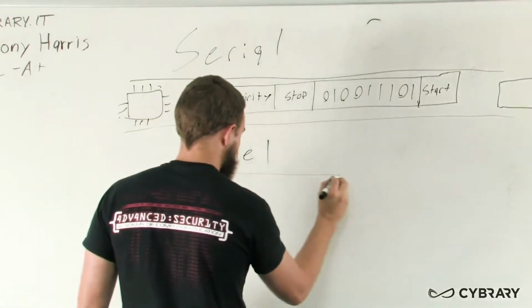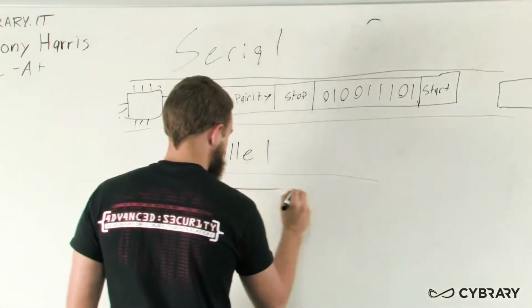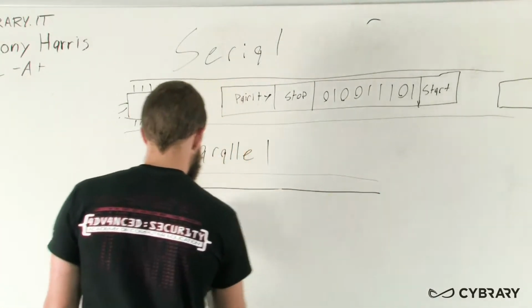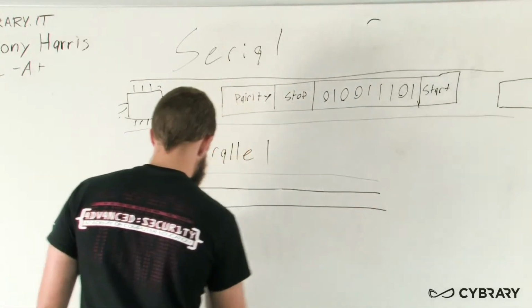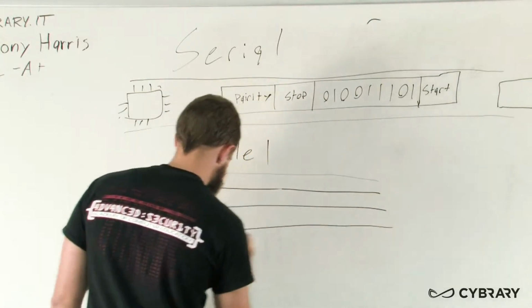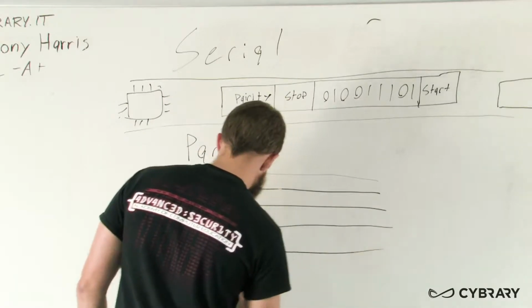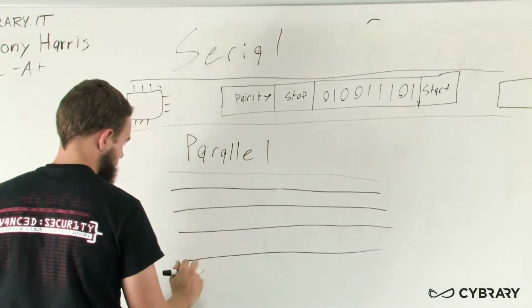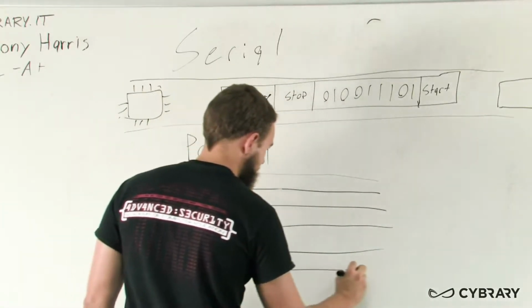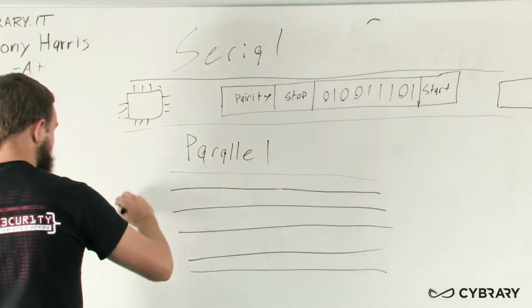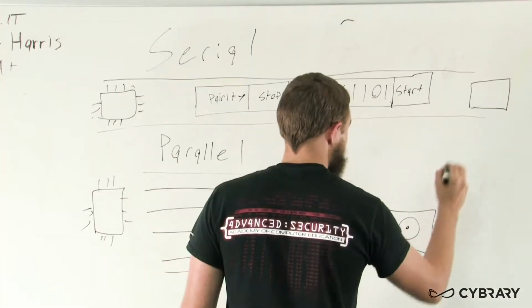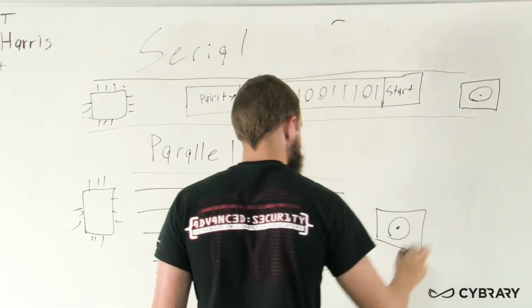When we're talking about parallel transmissions, this actually sends our bits 8 at a time, at least, and they go simultaneously across the connectors. We can think of it as all of these different lanes. We'll just do a couple of lanes here. We have our CPU on this side, sending data over to our hard drive on this side.